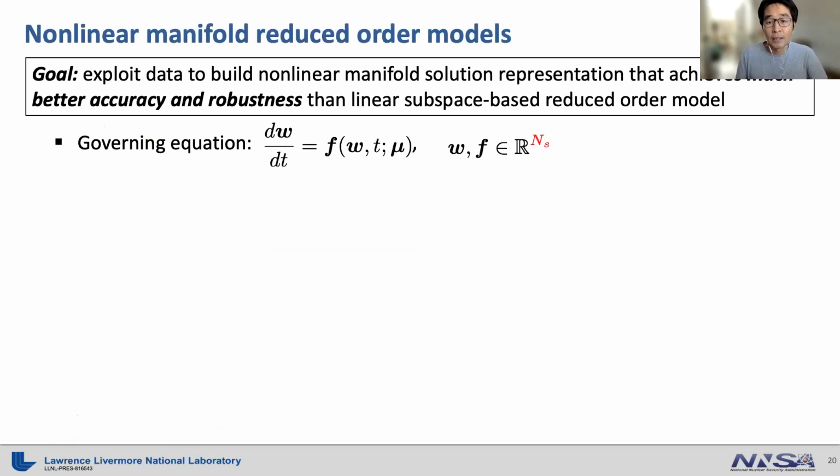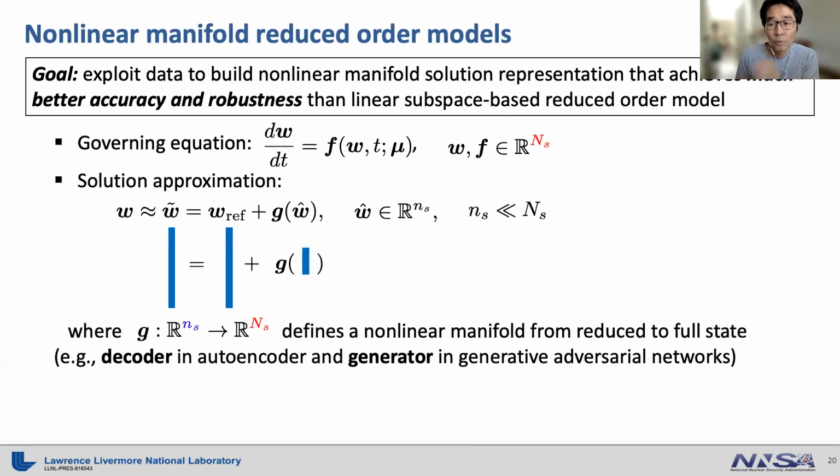To explain the nonlinear manifold reduced order model, here are the governing equations you have seen before, the ordinary differential equations. Again, W is your solution variable. Now we approximate the solution with a nonlinear manifold, some nonlinear function G, which maps a small latent space dimension to the full order model dimension. But somehow you have to come up with this nonlinear function G. How do we do that?